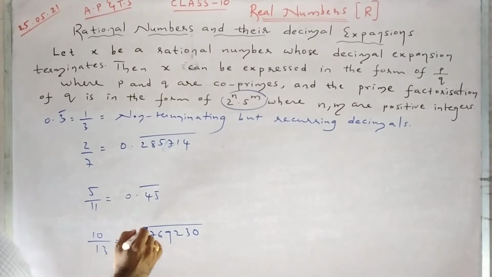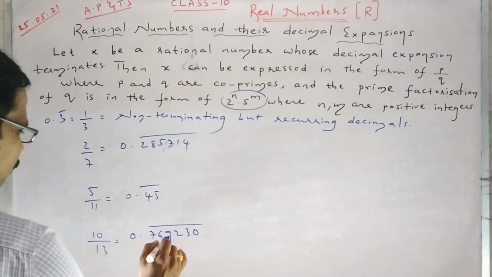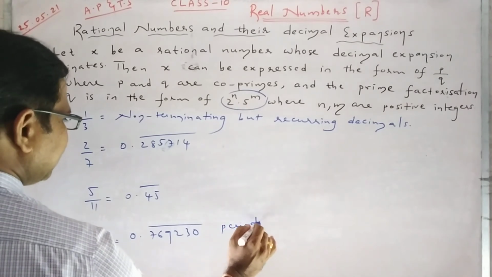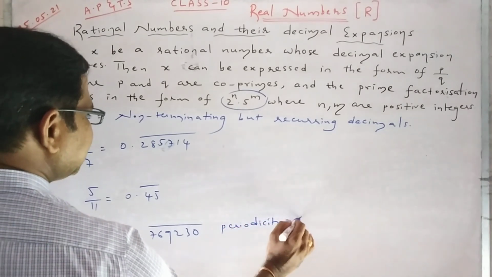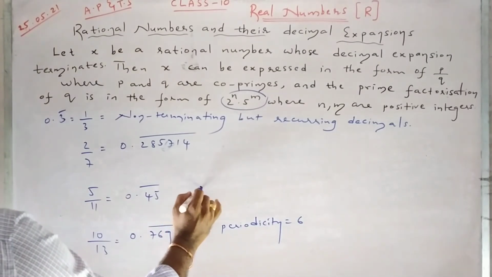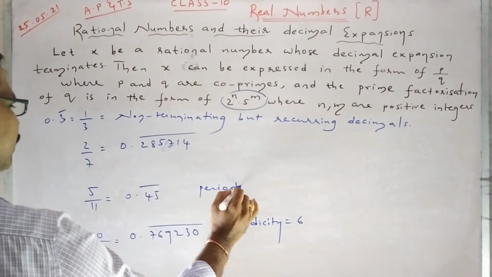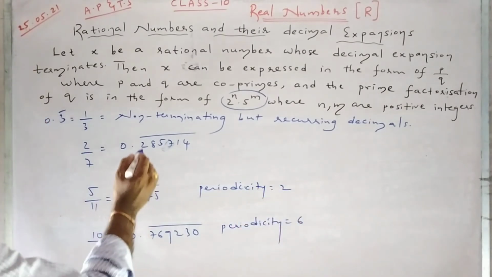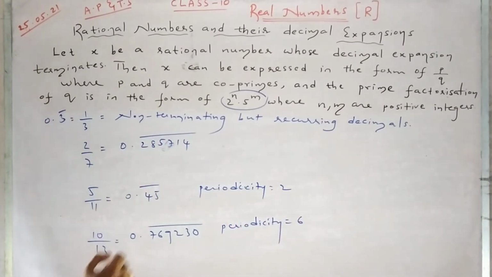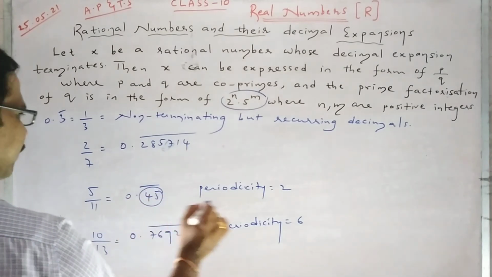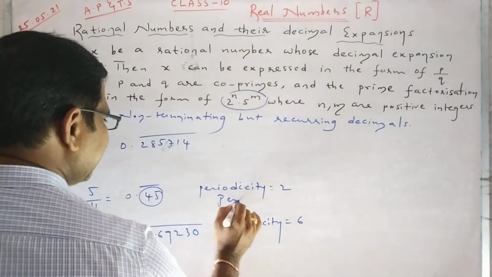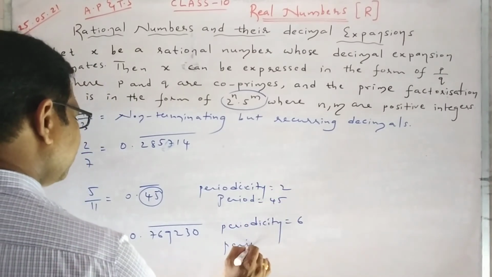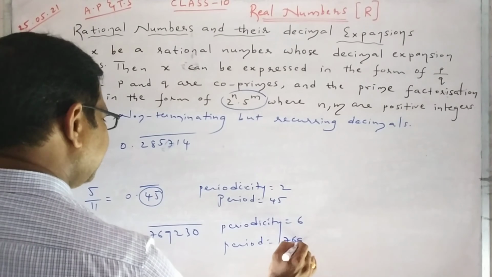So here, how many digits are repeating? 1, 2, 3, 4, 5, 6. That is called periodicity. How many digits are repeating here? 6. Here, how many digits are repeating? 2 digits are repeating. Here also 6 digits are repeating. So what is repeating here? 45. That is called the period. Here what is the period? 769230.